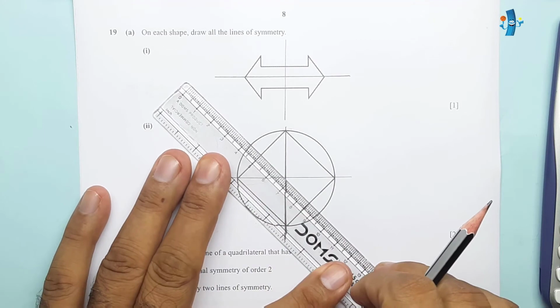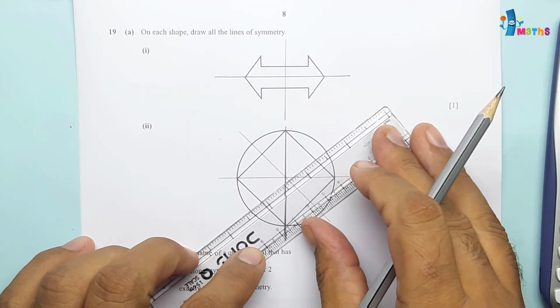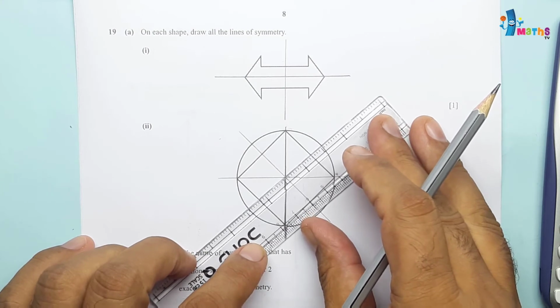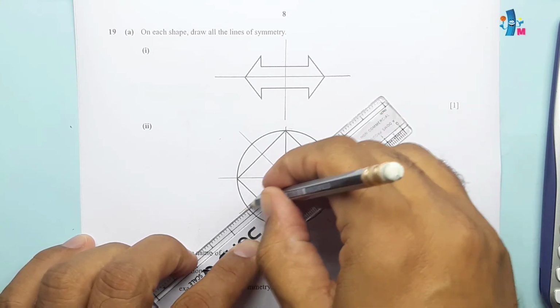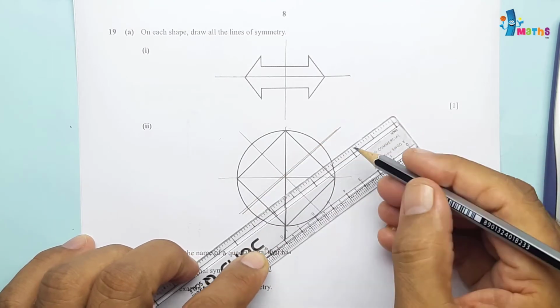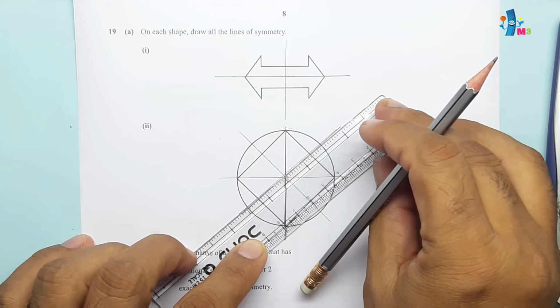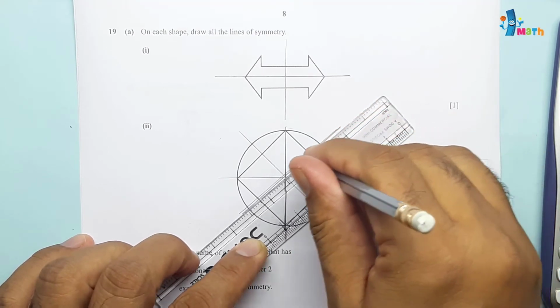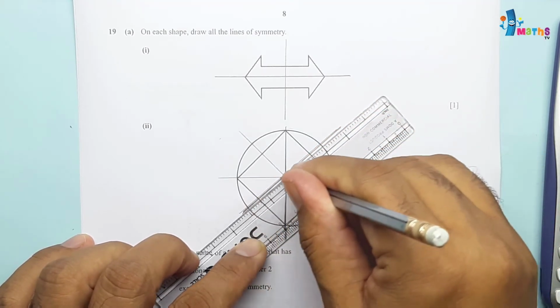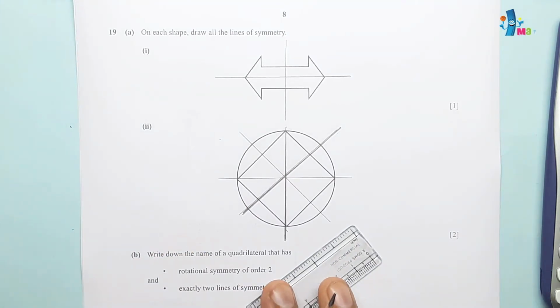Third line of symmetry we can draw this one, and fourth line of symmetry also we can draw like this. So we'll have to be accurate. I have drawn a little away so you can draw it properly. These are basically the four lines of symmetry.